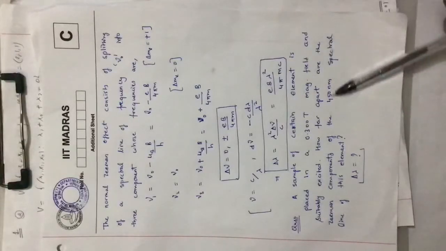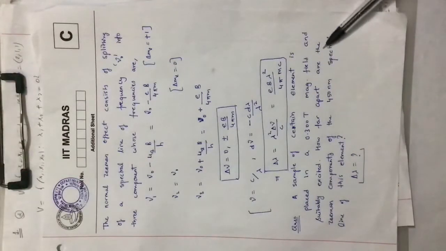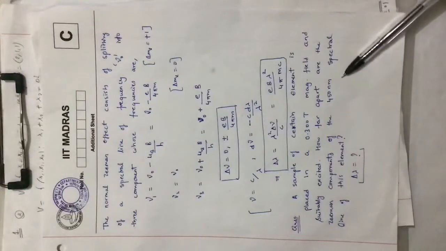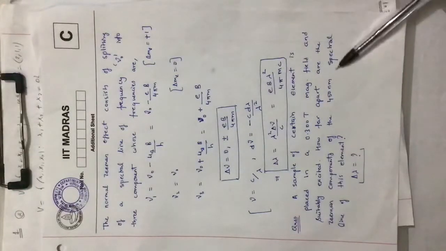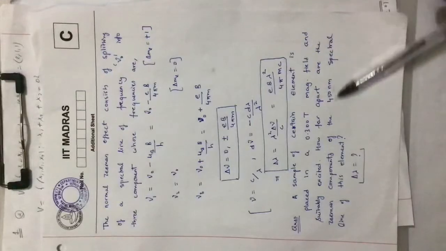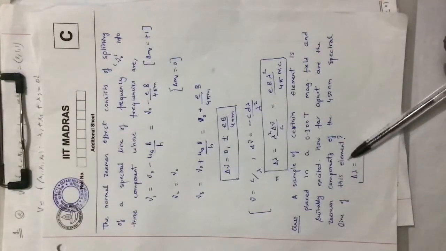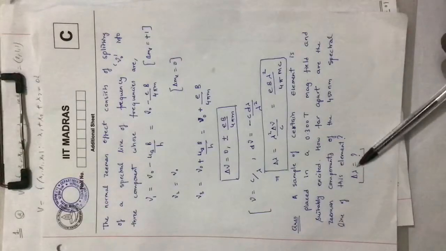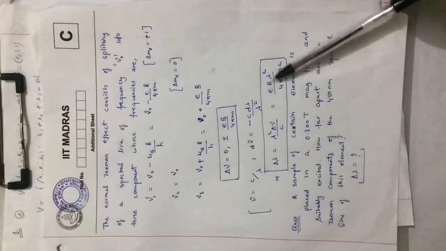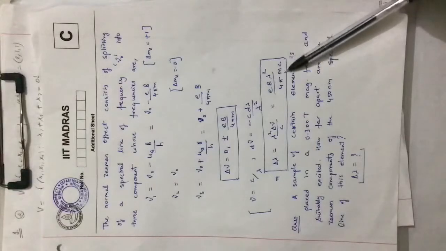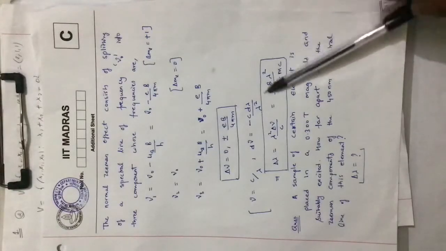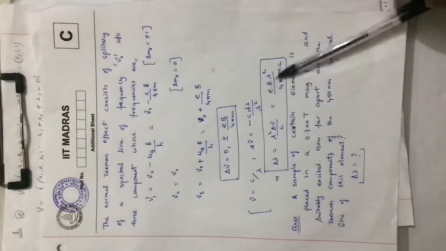How far apart are the Zeeman components of the 450 nanometer spectral line of this element? So what is delta lambda? You need to find only delta lambda. Put the value of lambda into this, the magnetic field value into this, and the electron mass into this, and you will get c and the charge. Put all these values and you will get delta lambda.